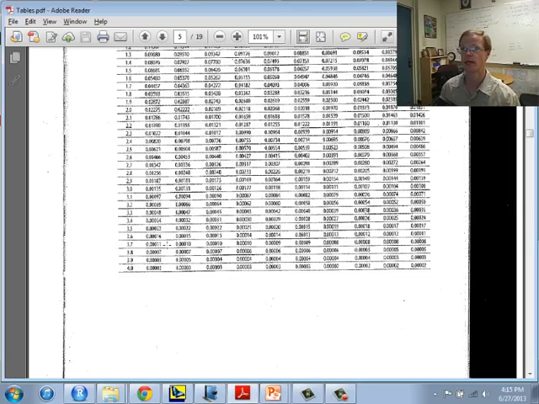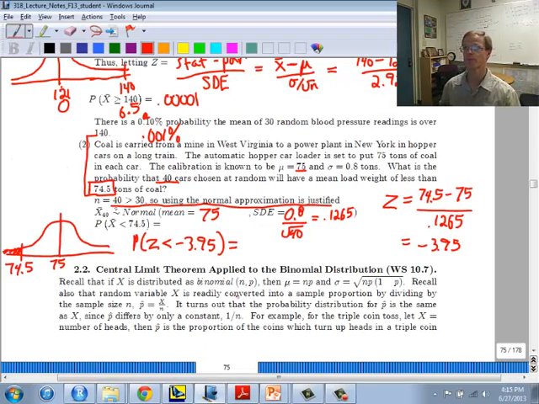That's symmetric to the left. So 0, 1, 2, 3, 4, 5. There's 4 zeros and a 4. So 0.00004. So we have a 0.004% chance of this occurring. Almost impossible. So we're going to have to question that manufacturer's claim and act accordingly.